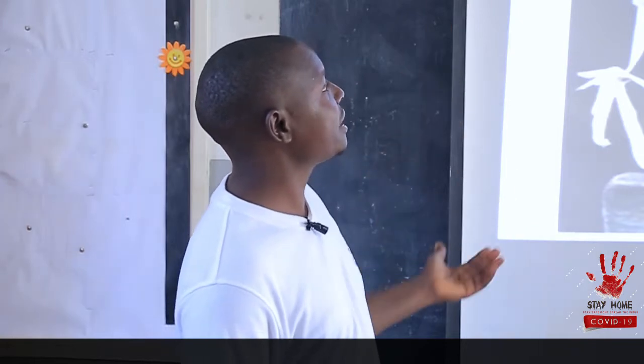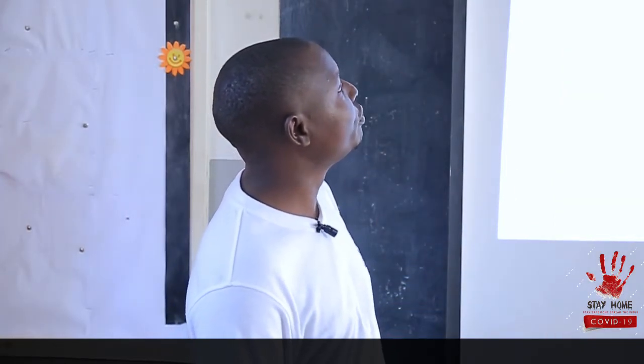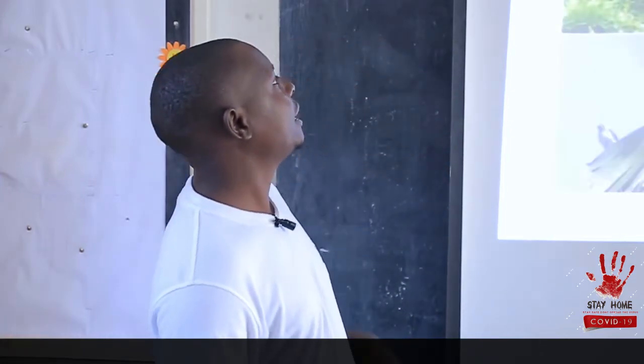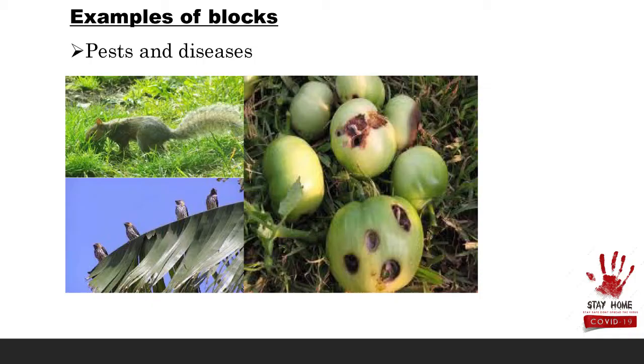So let's look at examples of blocks in the food path. One of them is pests and diseases. Pests and diseases affect food production. How do pests affect food production?